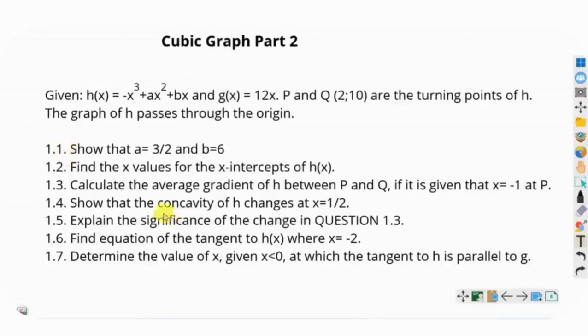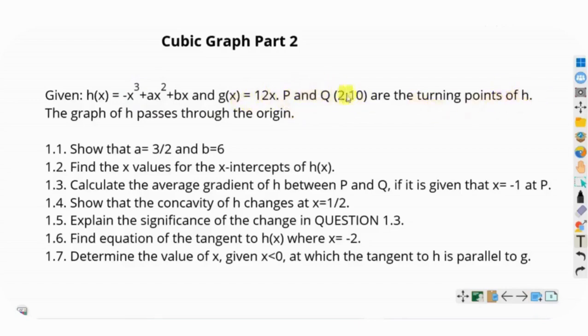Hi guys, we are looking at the cubic graph here, given that h of x equals negative x cubed plus ax squared plus bx, and g of x equals 12.